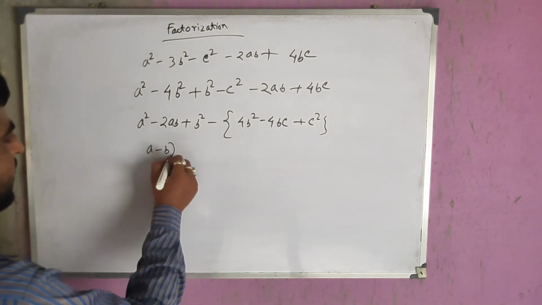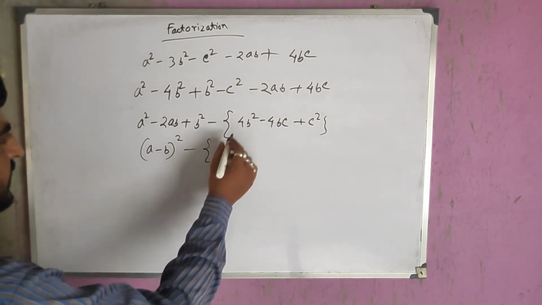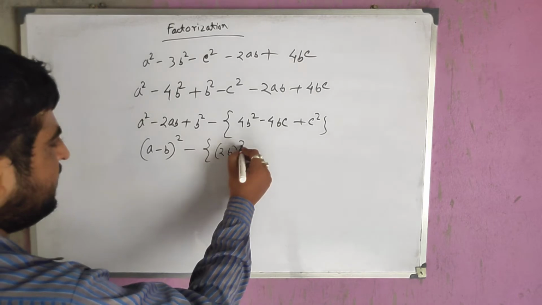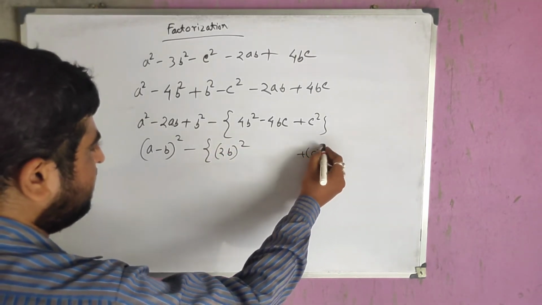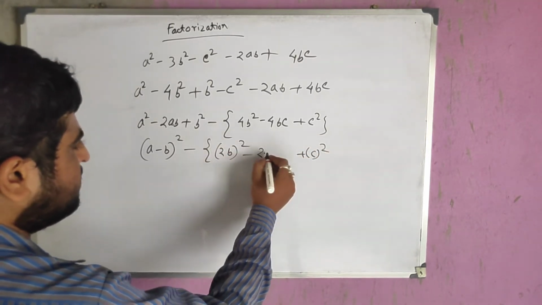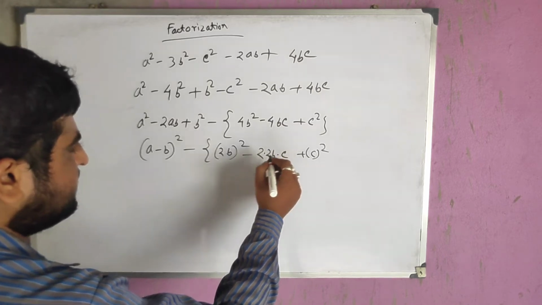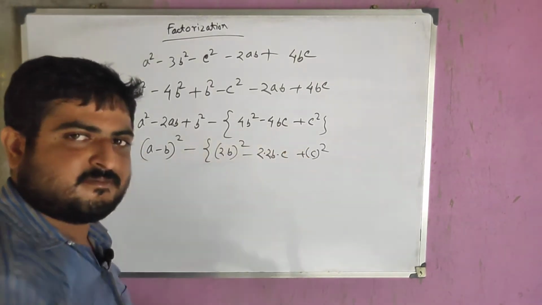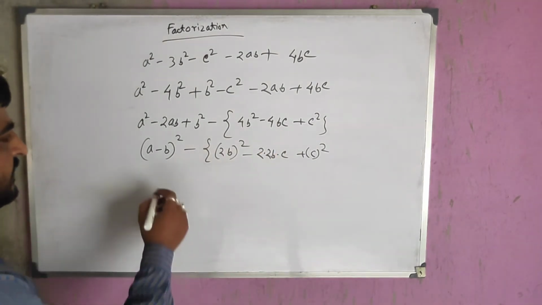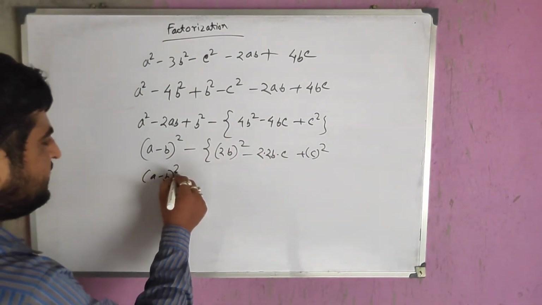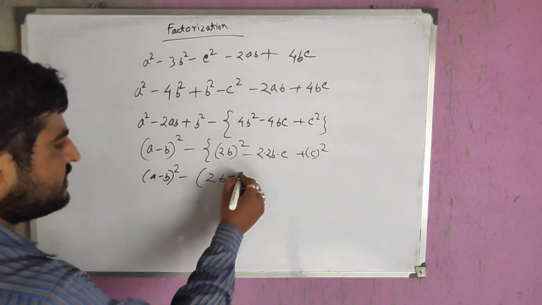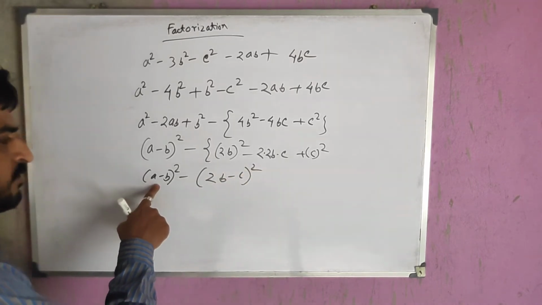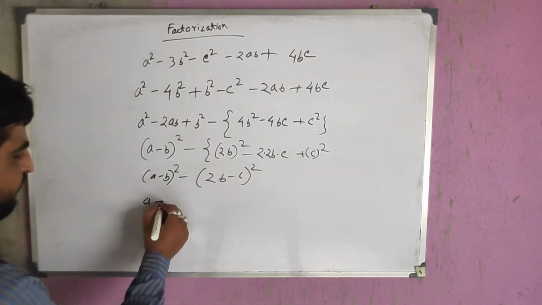Now it will become a minus b whole square minus, it is the square of 2b and it is the square of c. Now 2 into, in the place of a there is 2b, in the place of b there is c. So 2 into 2, 4, b and c, 4bc. So it is coming. So we can write this one as 2b minus c whole square. So it is a square minus b square.